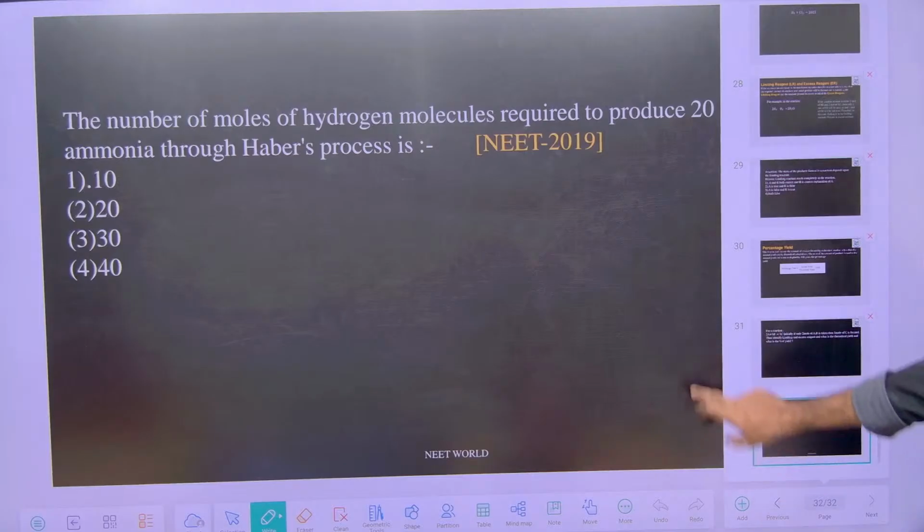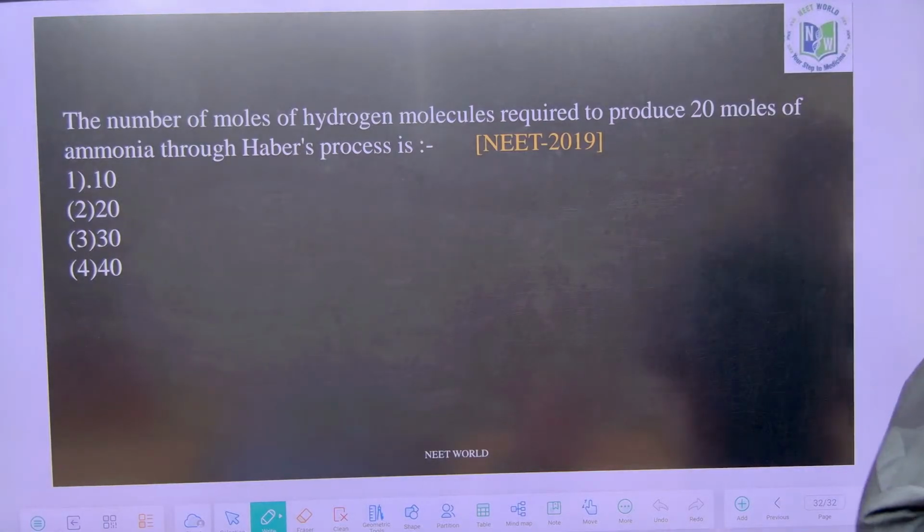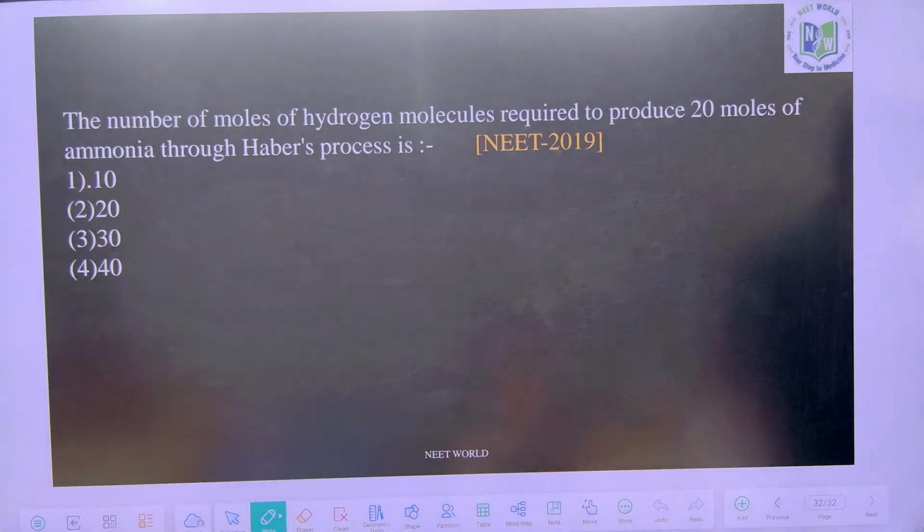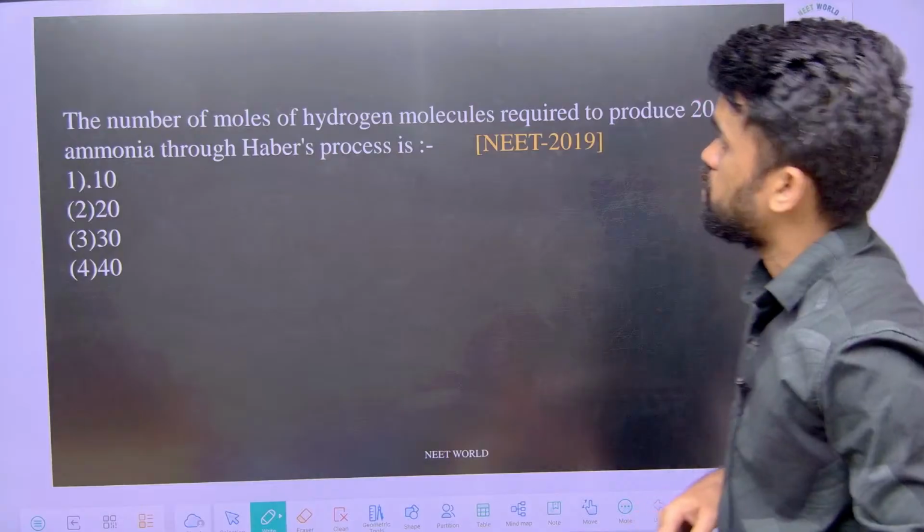Try this very basic question. Third option.